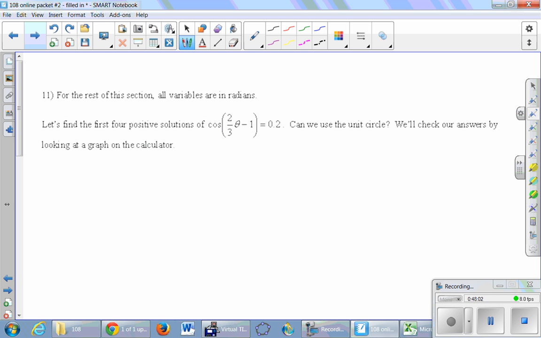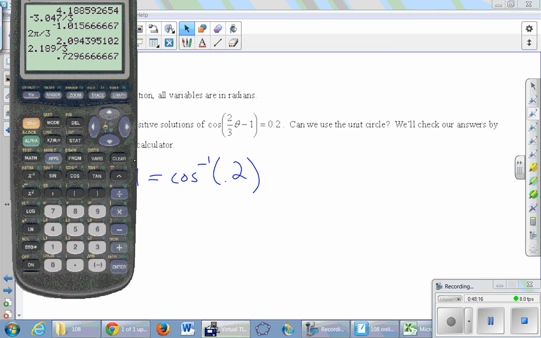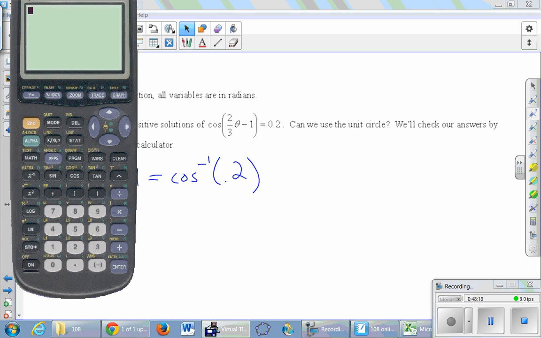Let's just jump to the part where we cancel the inverse cosine on the left and say 2/3 theta minus 1 is equal to inverse cosine of 0.2. So we'll use the calculator to give us our approximation here. It doesn't say degree or radian. I'm not going to do both. I want us to get comfortable with radians, so let's do this in radians. 1.37.